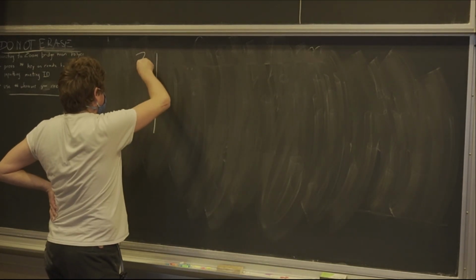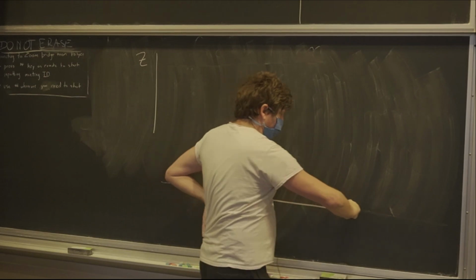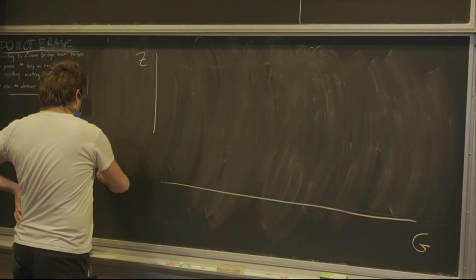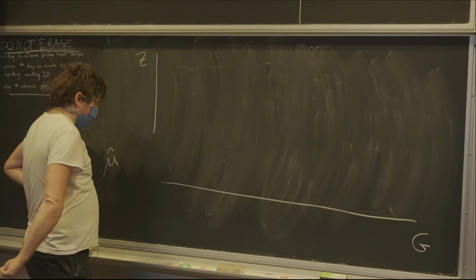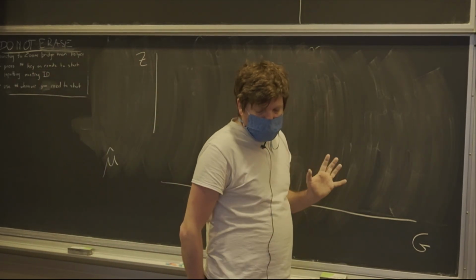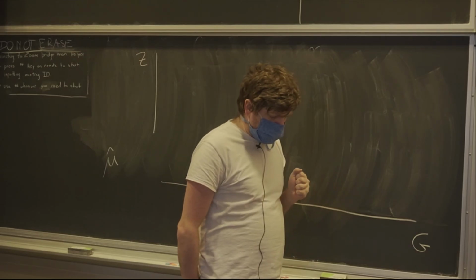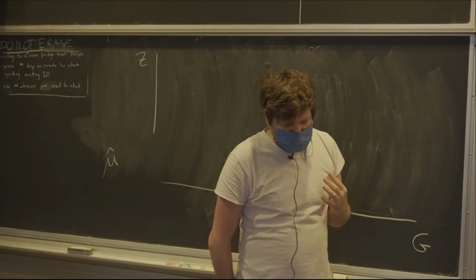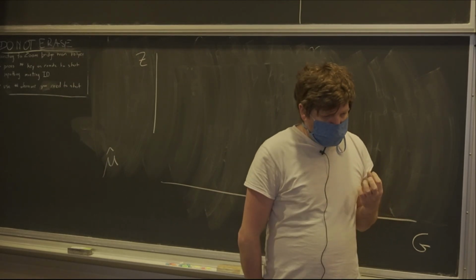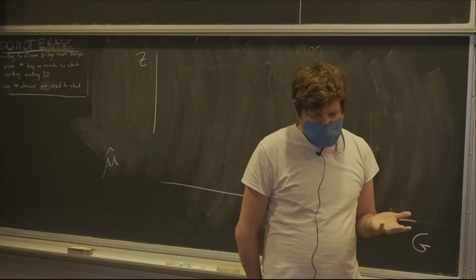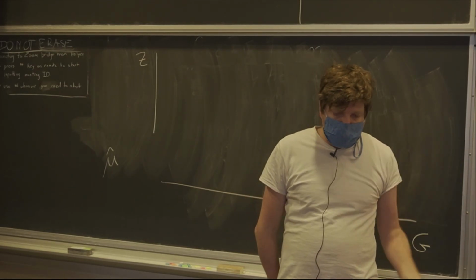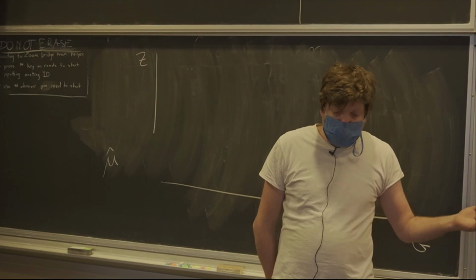So here is C, here is G. Here is mu hat. So mu hat is a measure here. Now, part of the game is to understand that a measure is really a lot of things. If you go to your original definition, the measure is a set function. If you think from the probability perspective, it's a probability.